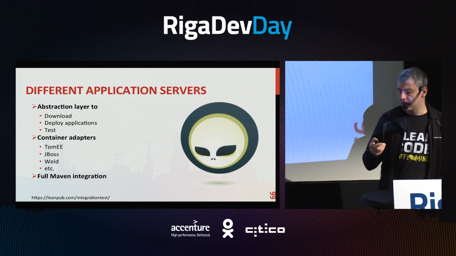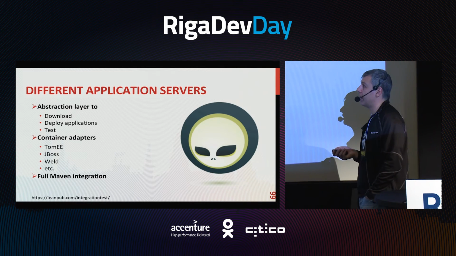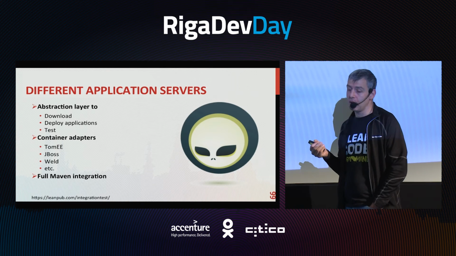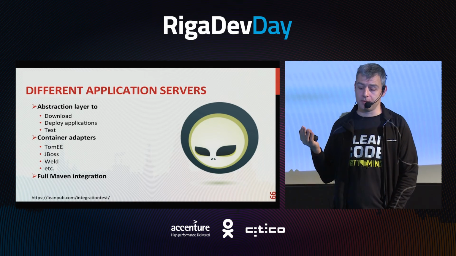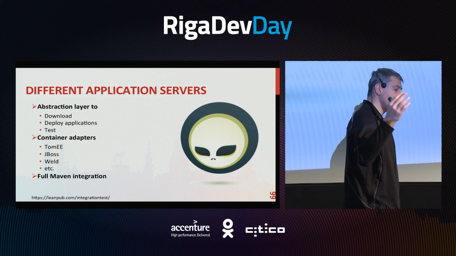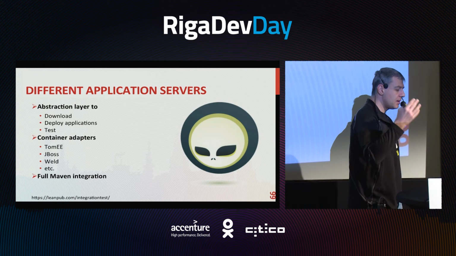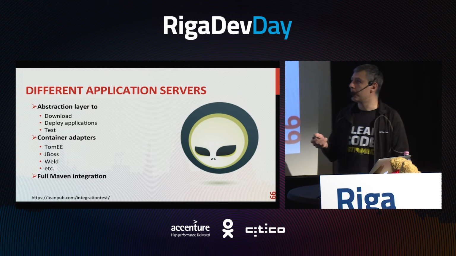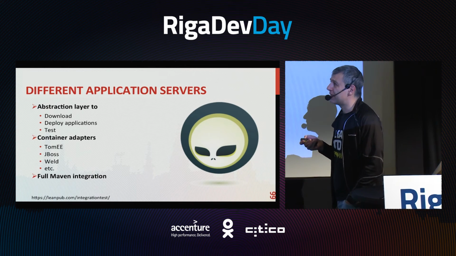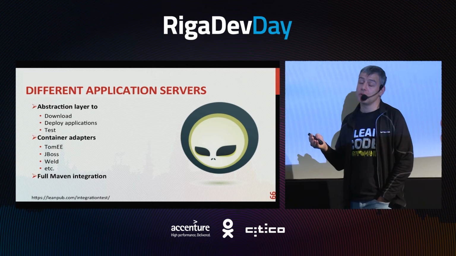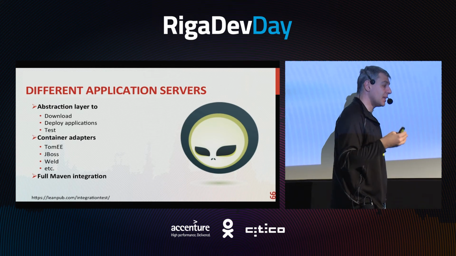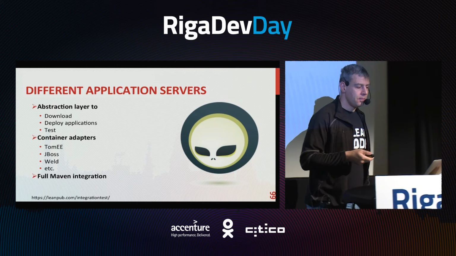So Arquillian is provided by Red Hat, and it's an abstraction layer to download, deploy, and test applications. Basically, since it's an abstraction layer, you don't deal with the application servers themselves. You need container adapters, and of course, those container adapters have to exist for your application server.